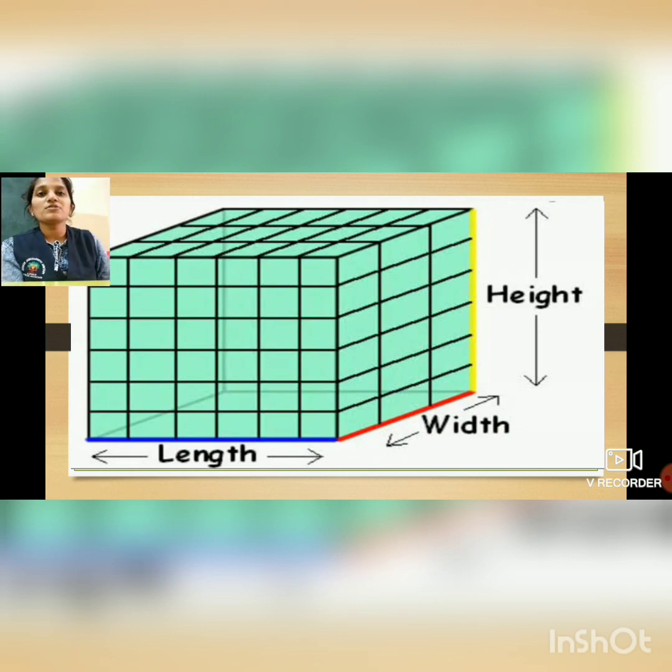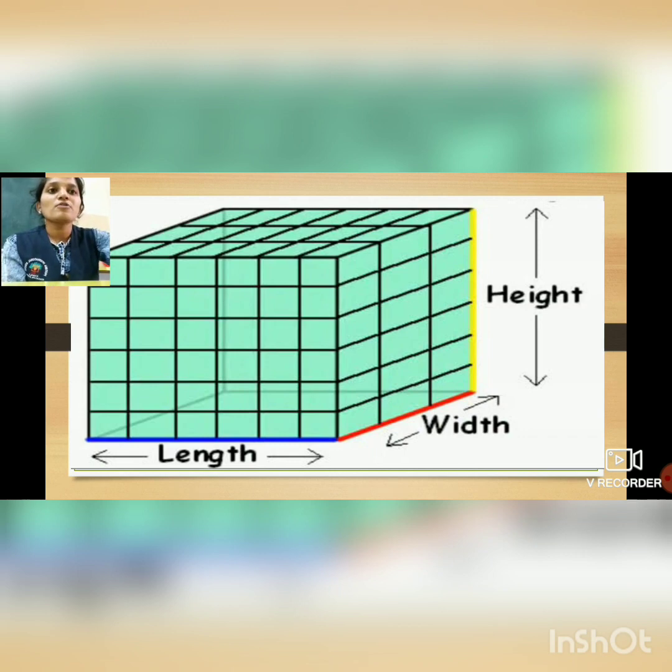Suppose I give you one example, that is a chalk box. As we all know, a chalk box has a weight, and it has space also. Now what is meant by space? The space which is available in that matter is known as volume. In the chalk box we have space to keep chalks, and that space is known as volume only.